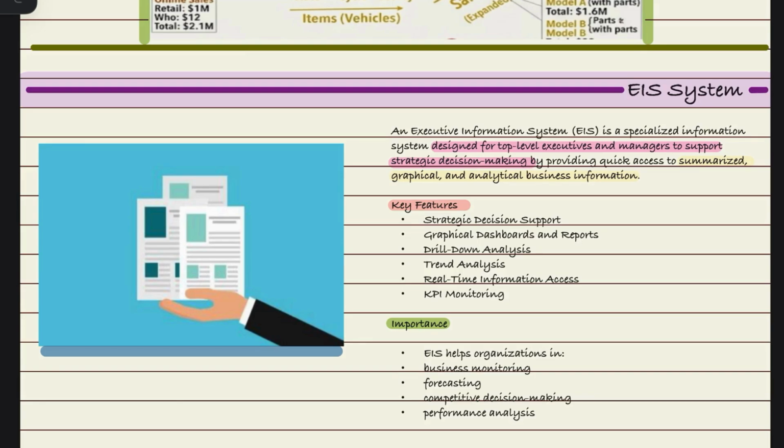It is a highly specialized information system built specially for top-level executives, alright, to provide support for strategic decision making. So the features: it provides strategic support.